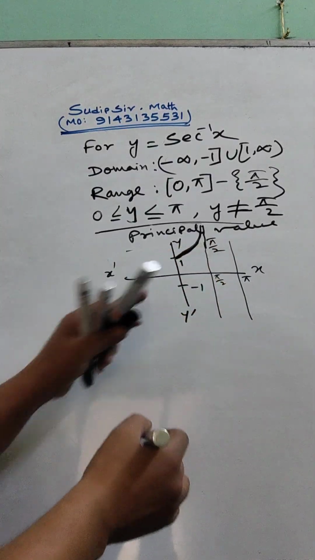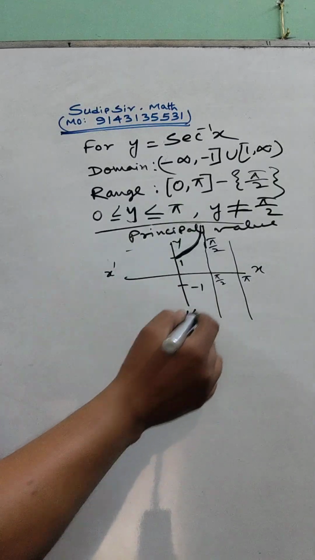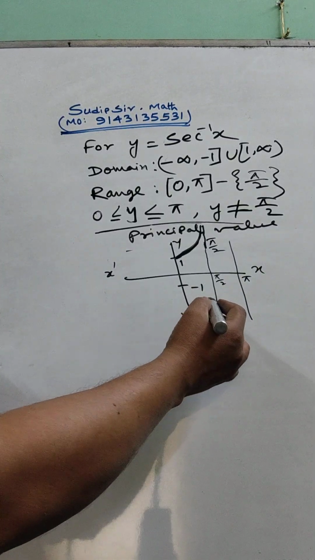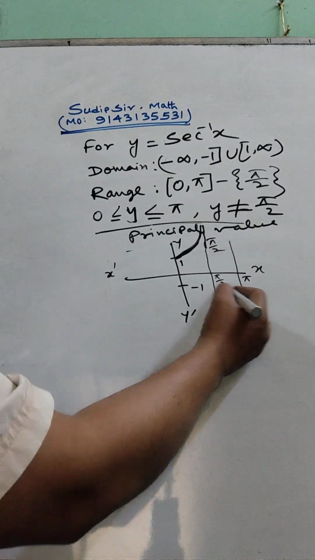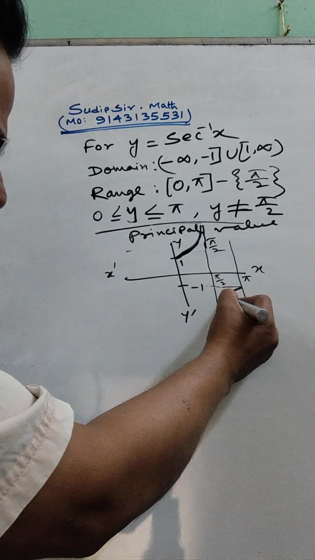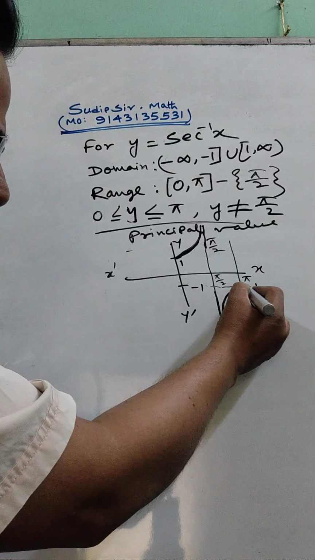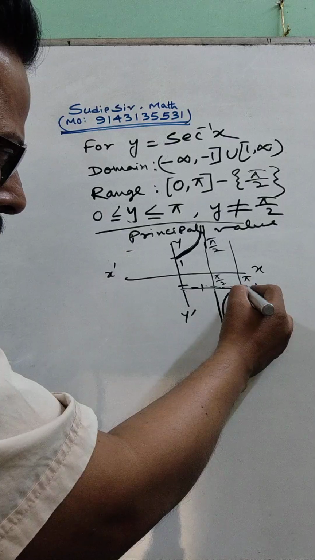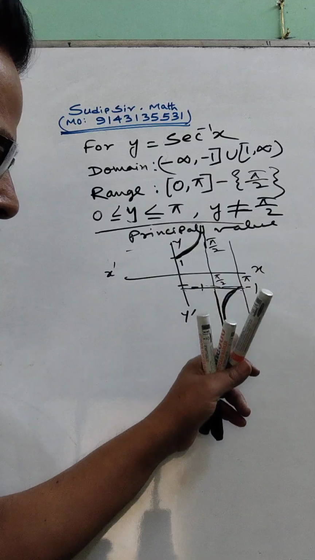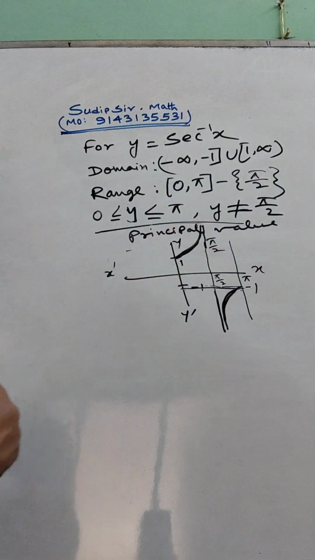And for this part, from minus 1, this is the line of minus 1, from minus 1 it will grow like this, and from 1 it will be this for sec x.